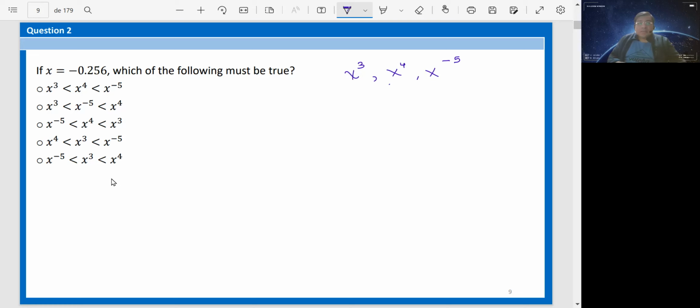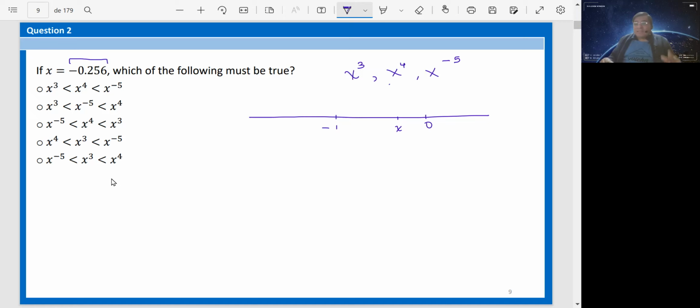We see x is negative, but not only that, x is a negative number between 0 and negative 1. In other words, a negative decimal. So what are the properties of negative decimals when we raise them to exponents?